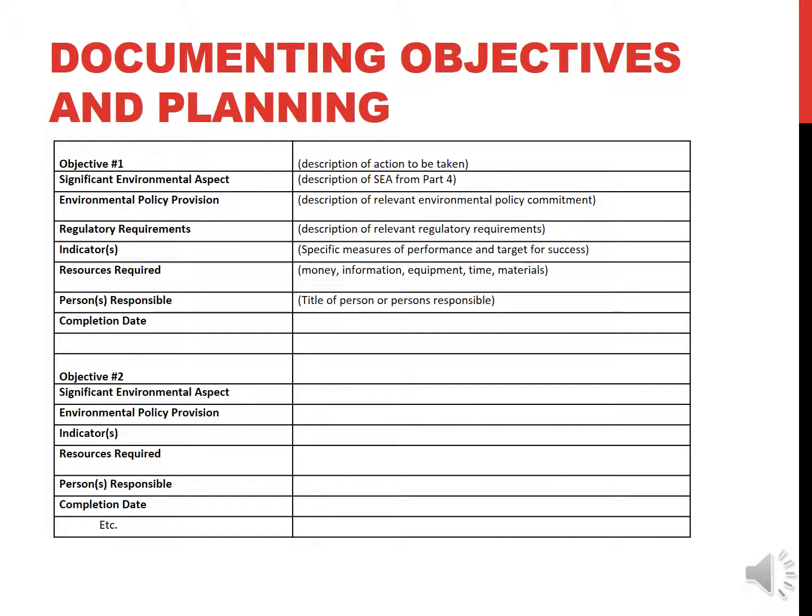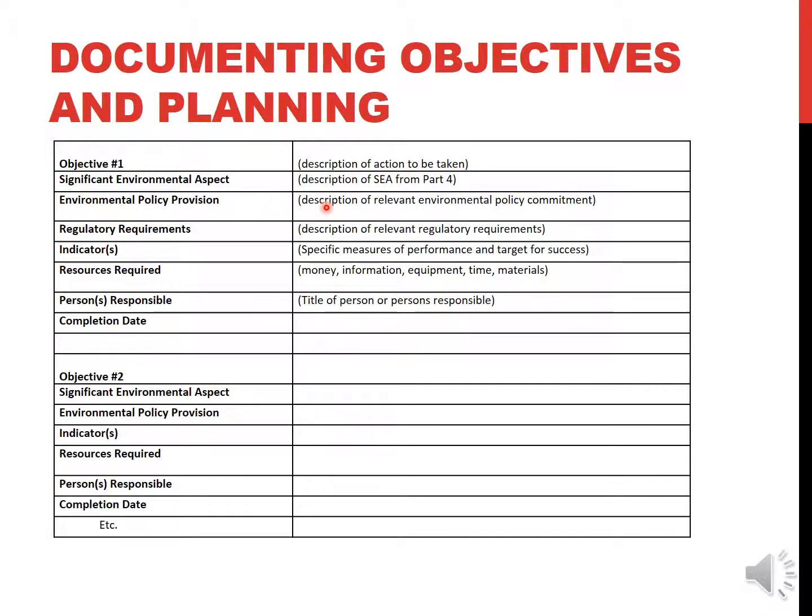This is a good way to document this, and you're going to be doing this in your final paper. So what we have here is a way of documenting all of the relative actions to this objective. We have a description of the action to be taken. We link it back to this significant environmental aspect from part 4.